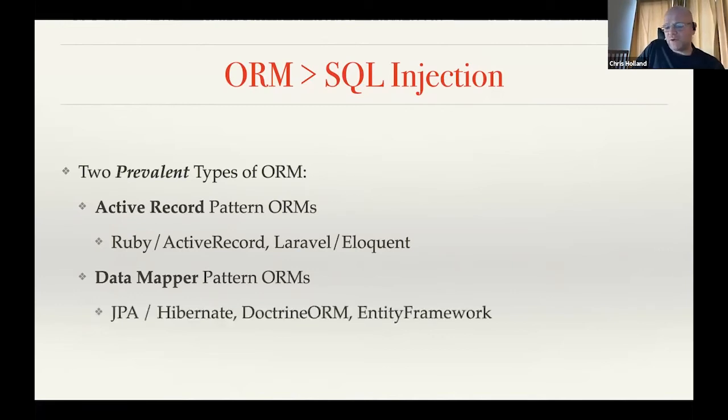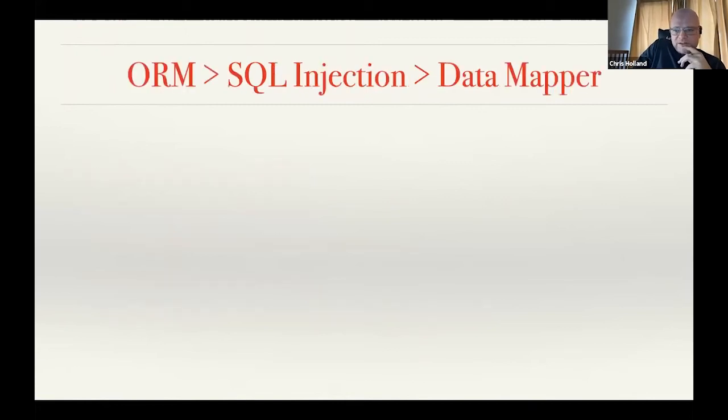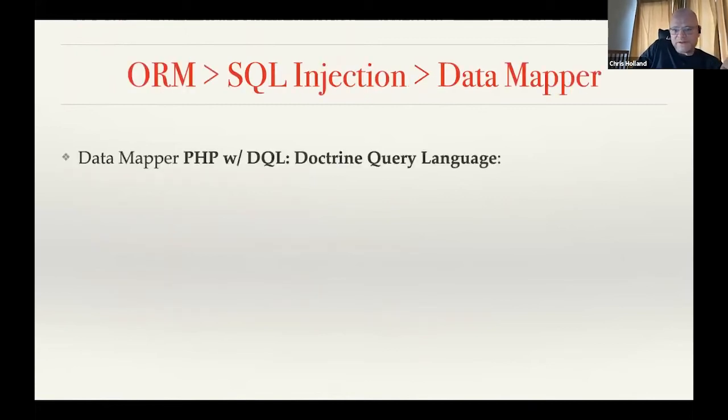In Java, I've worked with the Java Persistence API, JPA, of which Hibernate is a reference implementation. The Doctrine ORM in PHP, and then in .NET, I've also worked with Entity Framework. That's Microsoft's excellent ORM framework. So these are some of the ORMs out there: Active Record and Data Mapper. So let's look at Data Mapper ORMs.